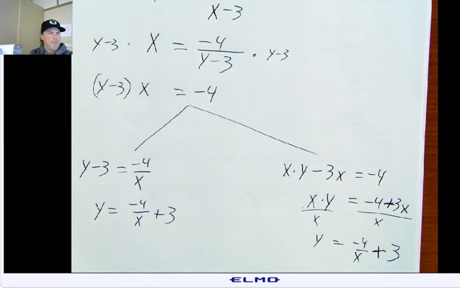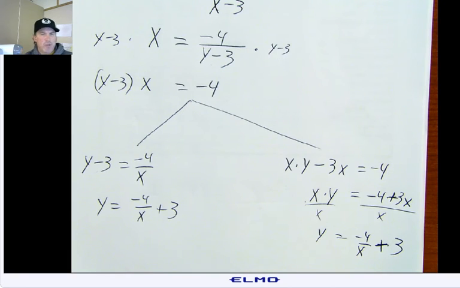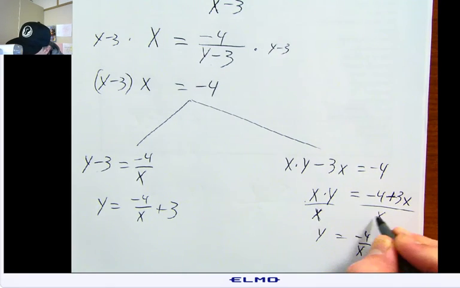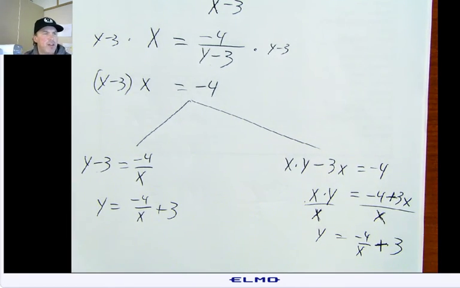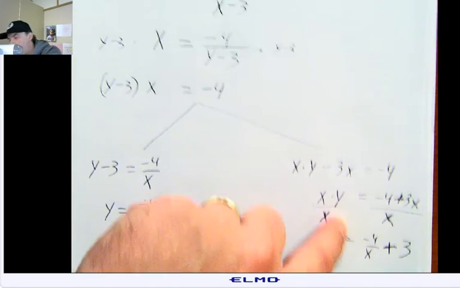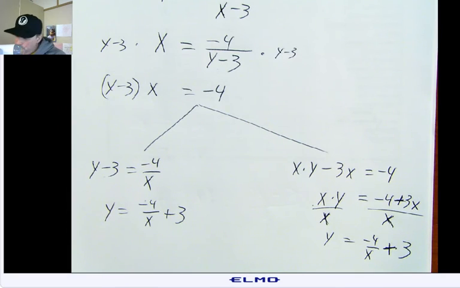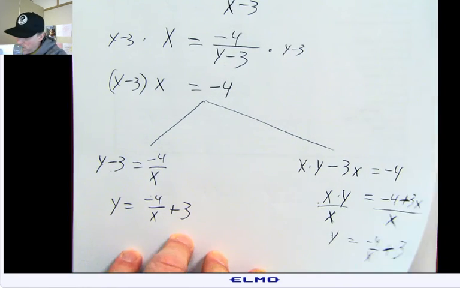Elliot saves the day. Between these two techniques, whichever technique is easiest on your brain is the technique you should use. I prefer this one because it's fewer steps, but if you prefer that one because you like distributing, you should do it.